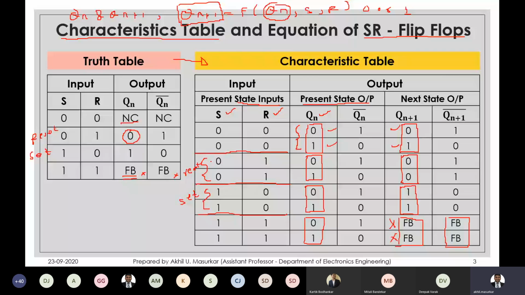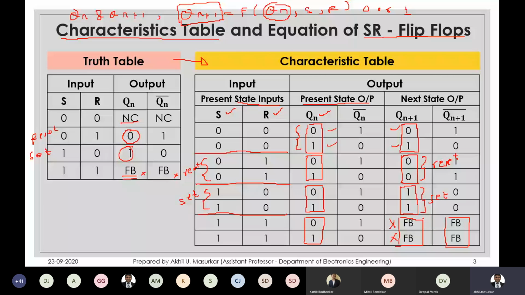For SR 0 1, whatever may be the value of Qn, the next state will be reset, so this is going to be the reset output, and 1 0 is the set output. Here whatever may be the present state output, the next state is going to be 1. And in the last state we have forbidden. Whatever may be the present state output, the next state is going to be the forbidden output.